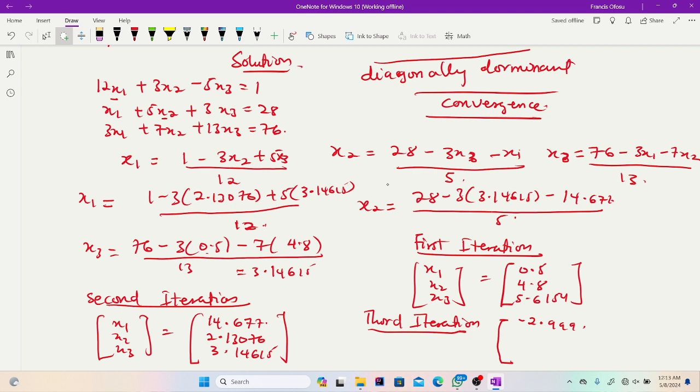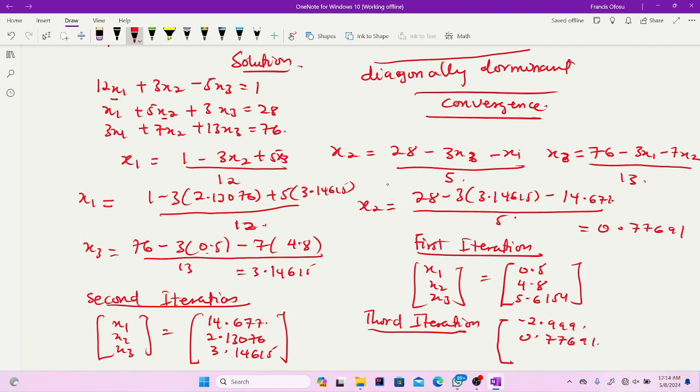So we simply punch this into the calculator. 28 minus 3 multiplying 3.14615 minus 14.677 all over 5. And this is giving me 0.77691.